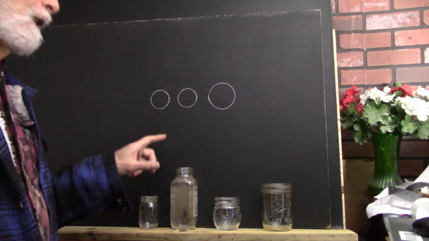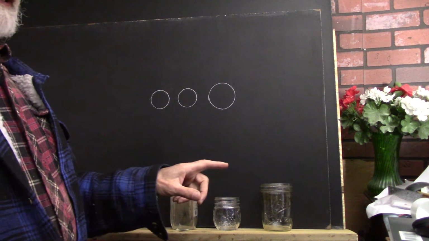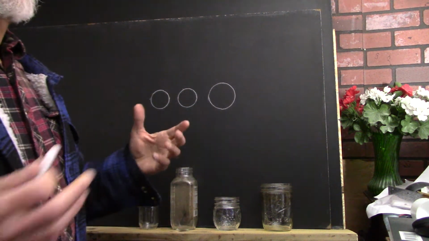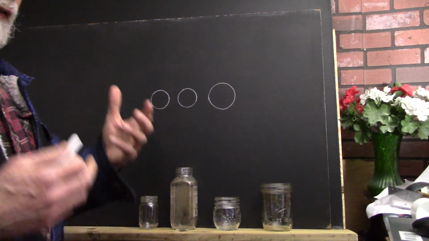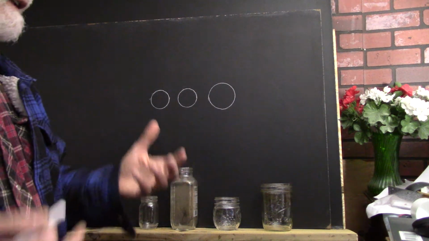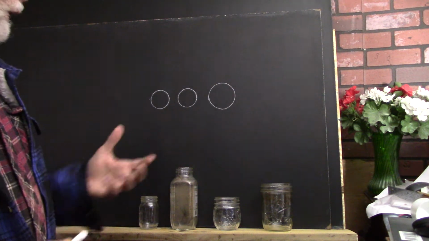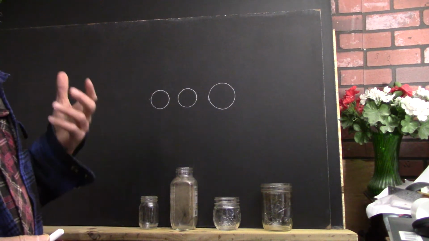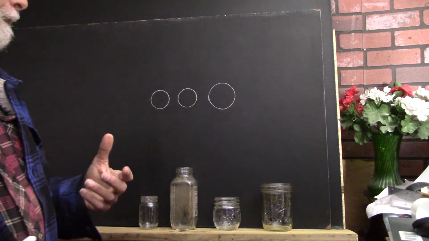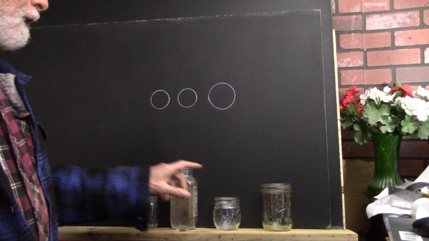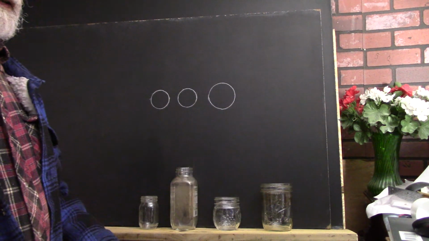There are ratios and proportionalities involved with this process. And there is a modeling process that would allow us to estimate very accurately the relative diameters of these jars.